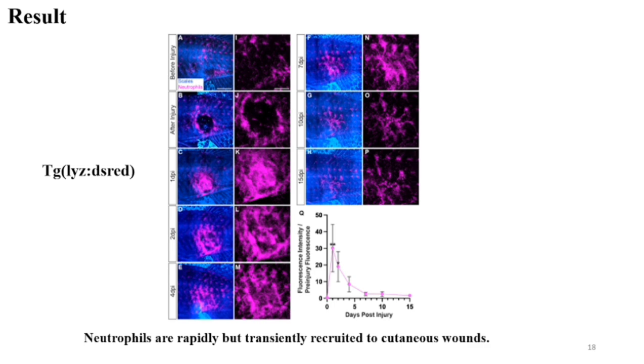So there was already extensive migration of neutrophils to the periphery of the wound by 2 hours post-injury, with neutrophil recruitment peaking at 1 day post-injury.